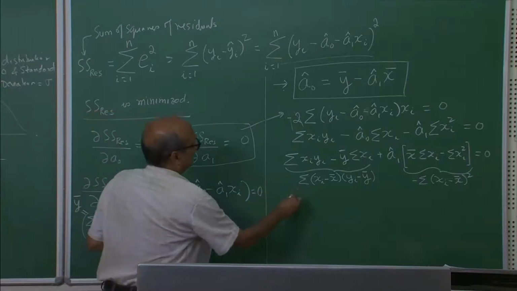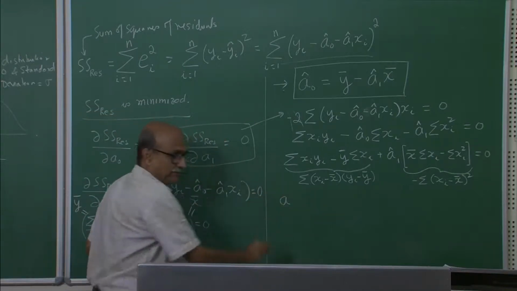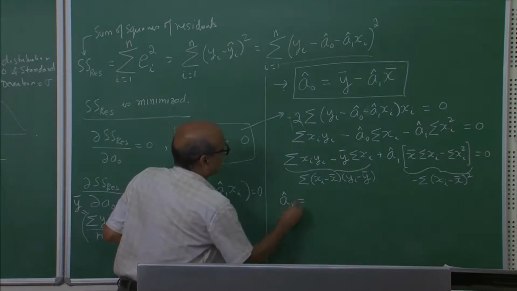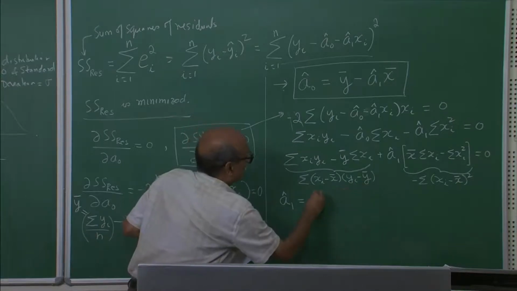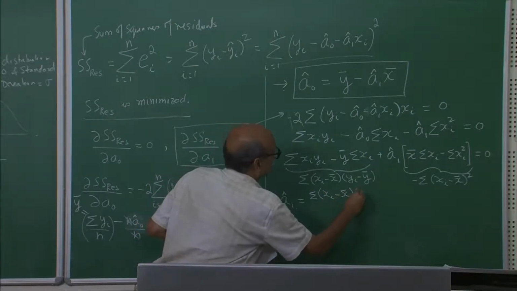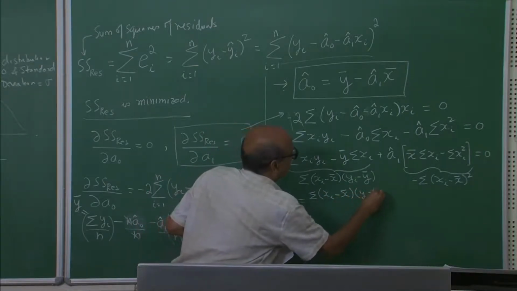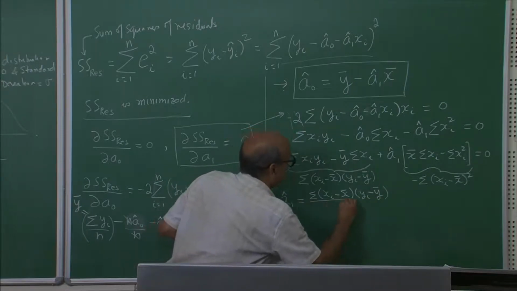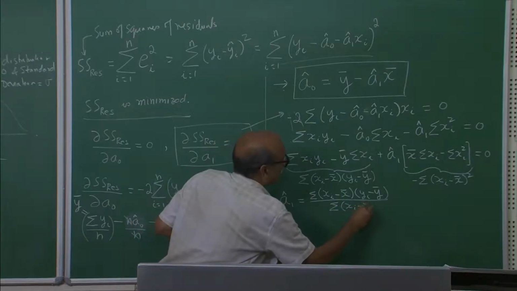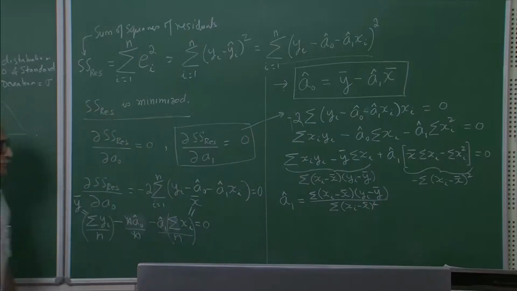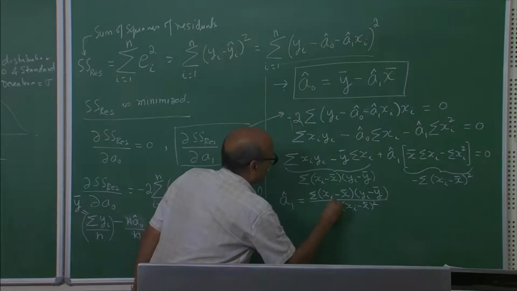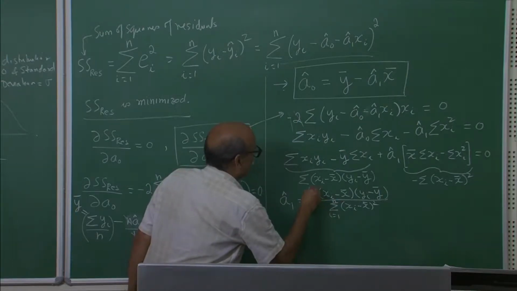From this, we can write a1 cap as summation xi minus x bar times yi minus y bar divided by summation xi minus x bar square, where the summation is running from i equal to 1 to n.